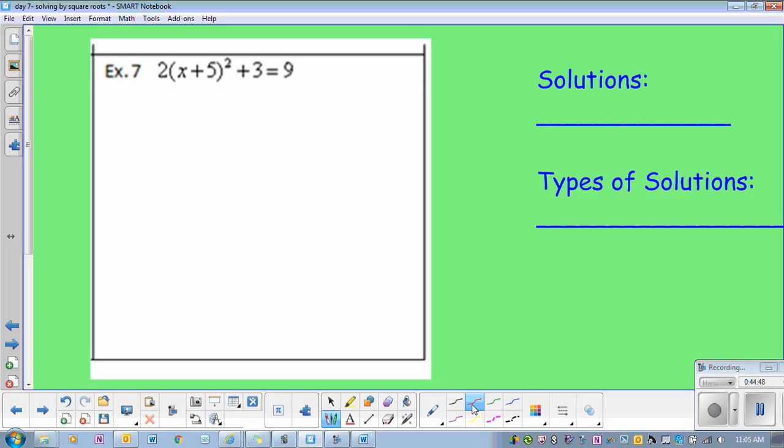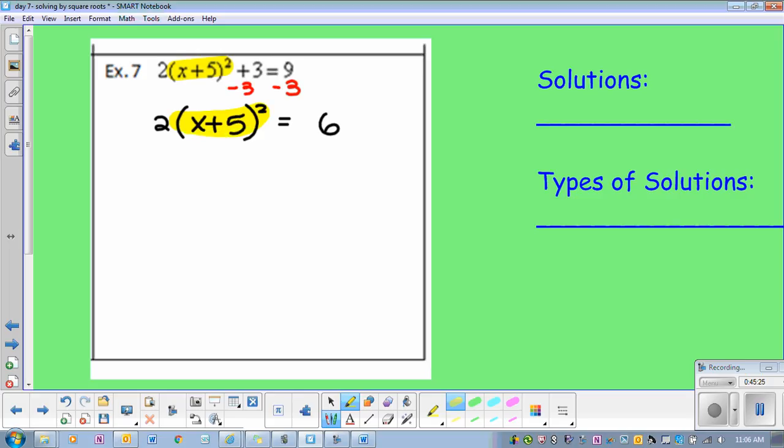Alright, so guys, with this, do you see a parentheses squared or just an x squared? Parentheses squared. So that's the one that I want to get all by itself. So what do I need to move first? Subtract the 3. Now I still want to get this all by itself.